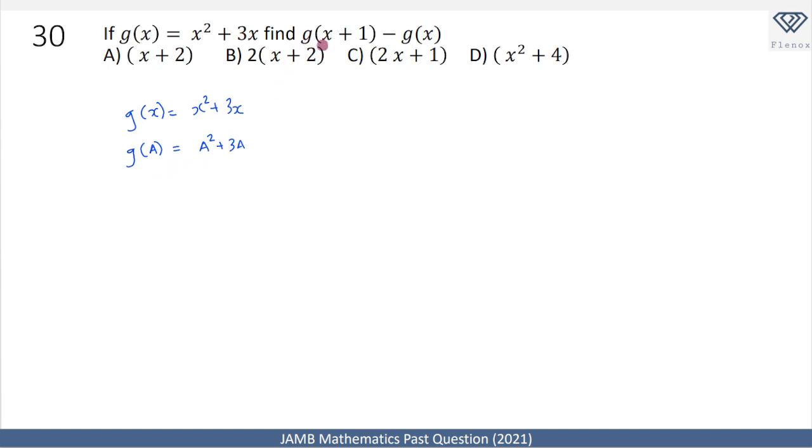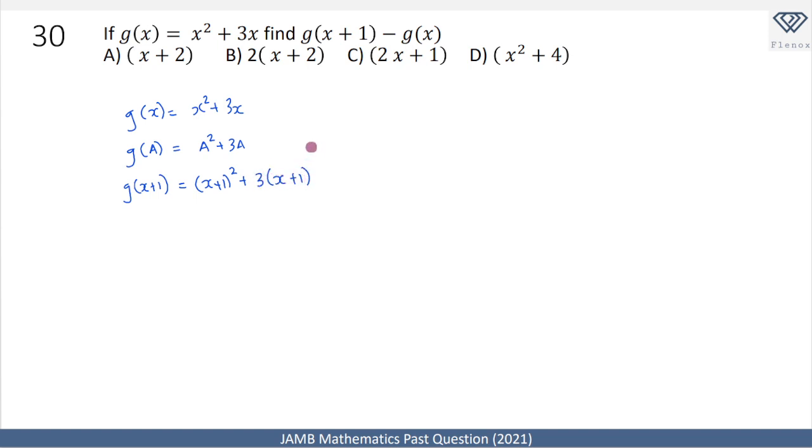So in the same vein, what will be g of (x plus 1)? Again, just think of x plus 1 as just x alone and fit it into the equation. So instead of writing x alone, we are going to write the full expression here, which is (x plus 1) squared plus 3 times (x plus 1).